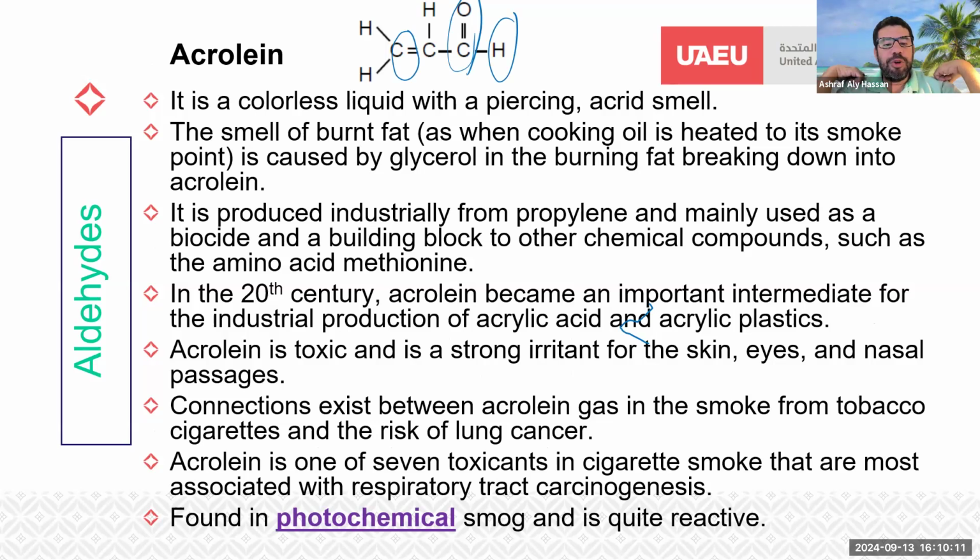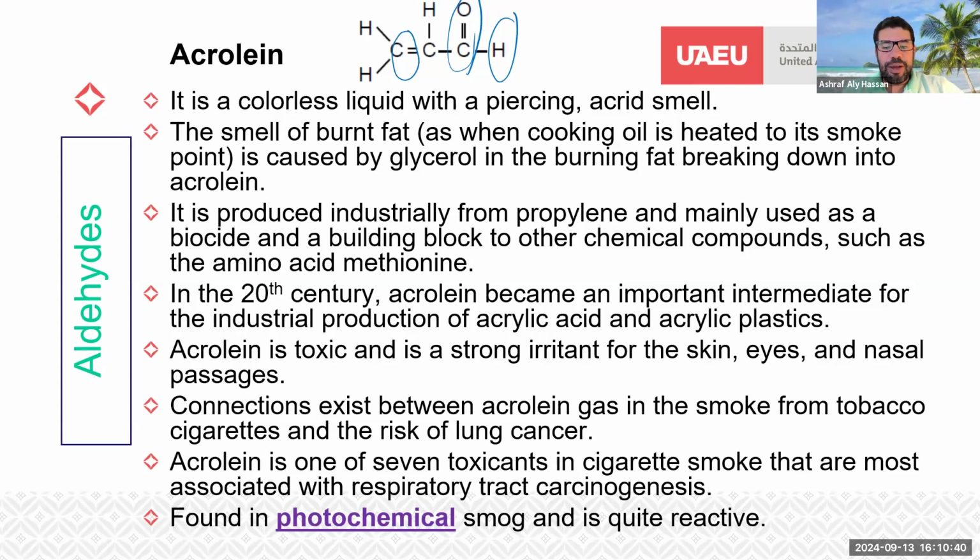It's caused by glycerol in the burning fat breaking down into acrolein. It is produced industrially from propylene and mainly used as a biocide and as a building block to other chemical compounds such as the amino acid methionine. In the 20th century, acrolein became an important intermediate for the industrial production of acrylic acid and acrylic plastics. Acrolein is toxic and is a strong irritant.